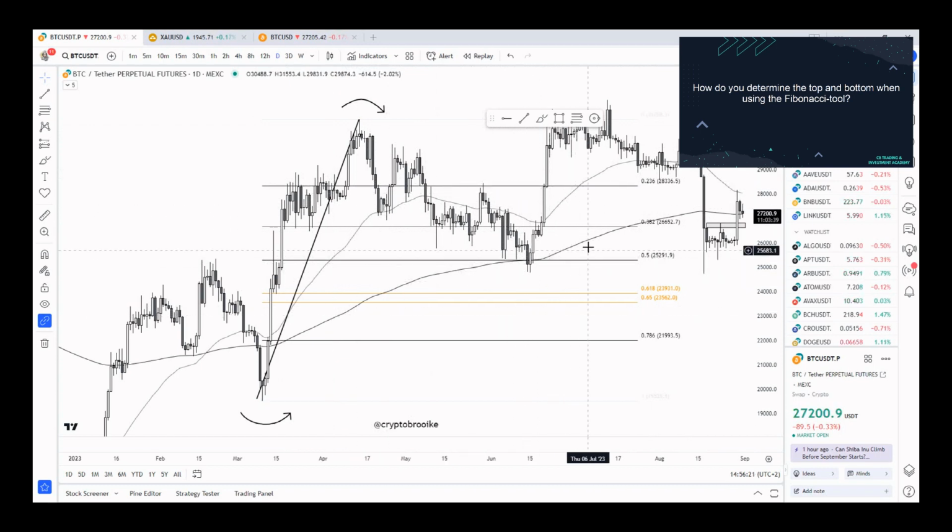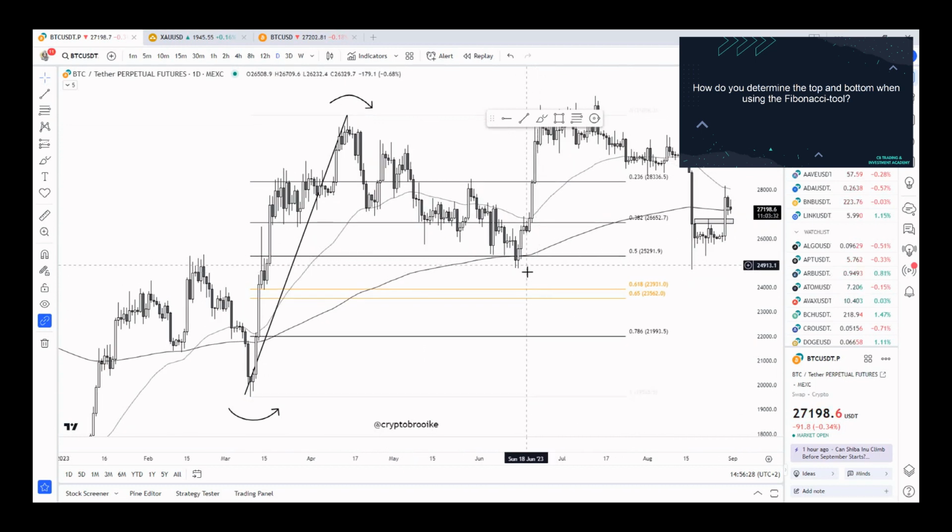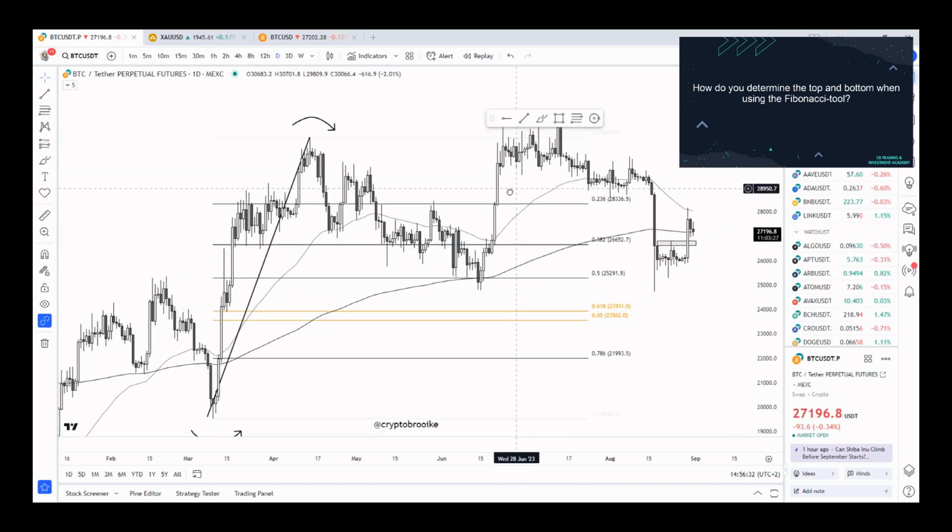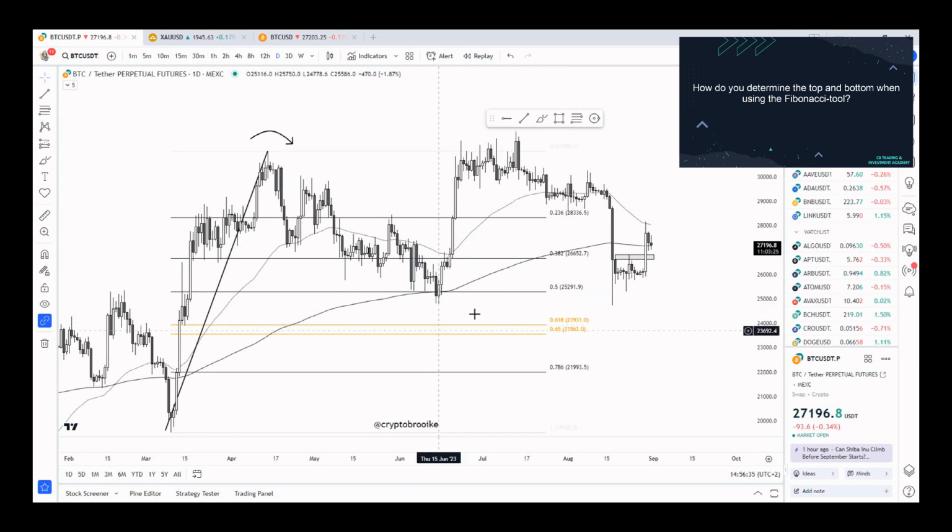The darker of the EMAs is me using the 200 EMA. There you can see that's a point of interest. So it quickly got up below this and then it moved back up, so it bounced. It never reached the golden pocket.